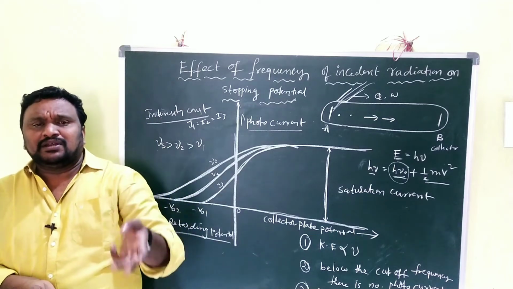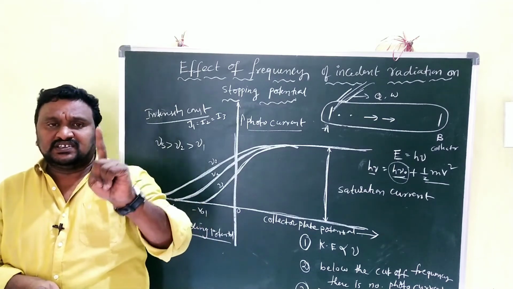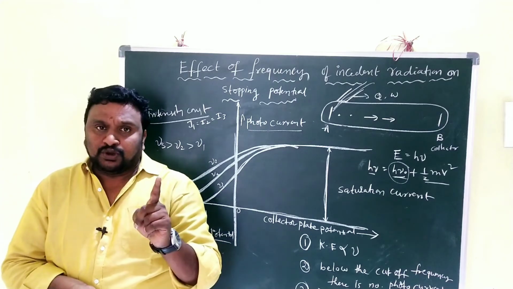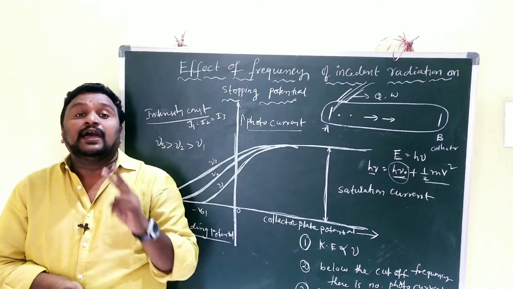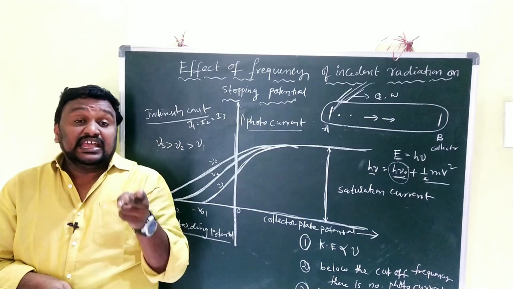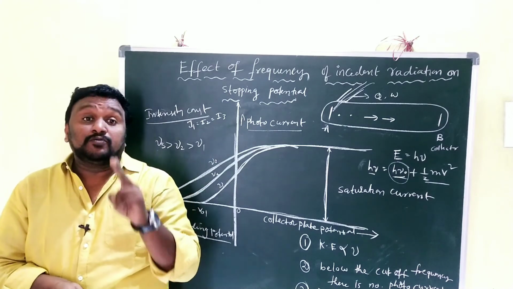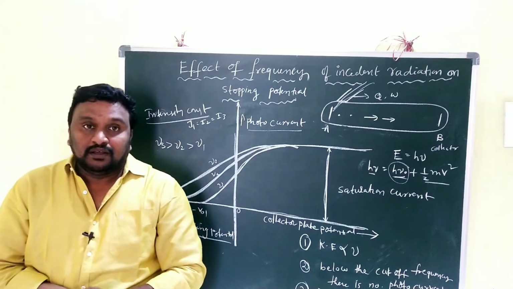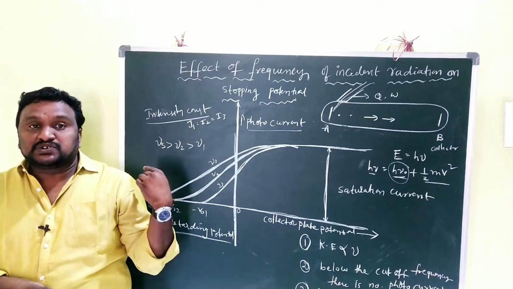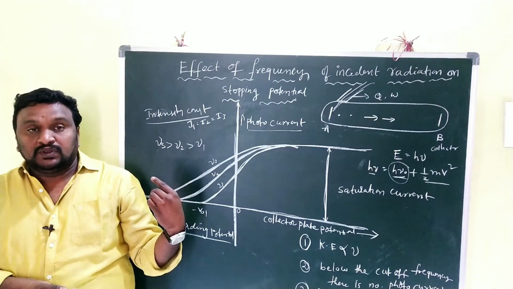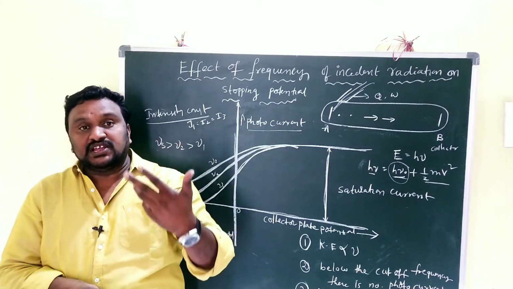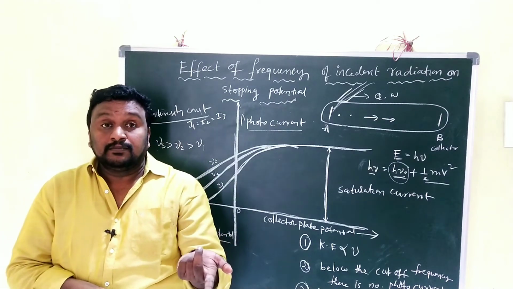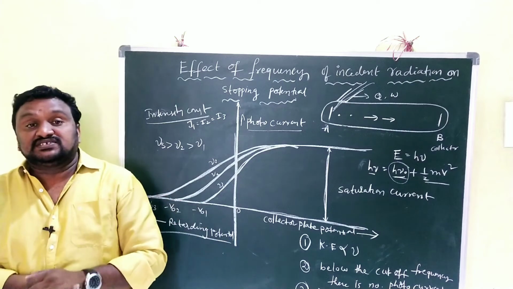So again, simply, I am remaining only 4 points. The first thing is, photoelectric current depends upon the intensity only but not on frequency. Second, the kinetic energy of electrons depends upon the frequency but not on intensity. Third, when intensity is kept constant, different frequencies of radiation have the same saturation current but different stopping potentials.